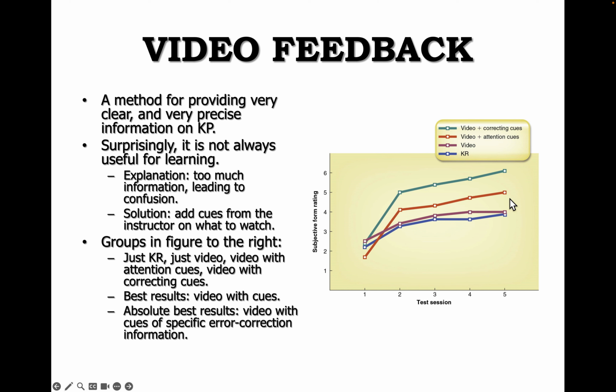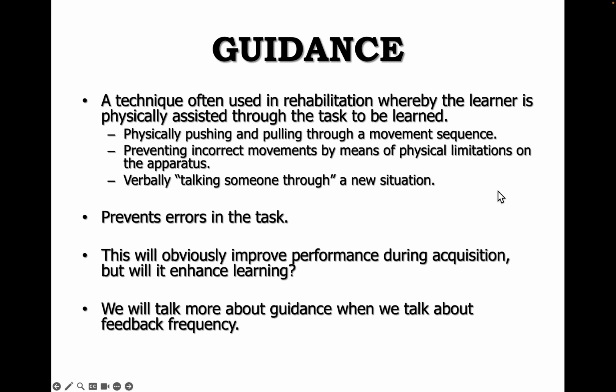And specifically, along with the videos and cues, if you're giving cues about what to fix or what to correct, that tended to be better than just giving feedback with cues on what to focus on.